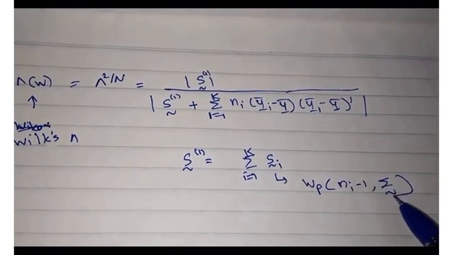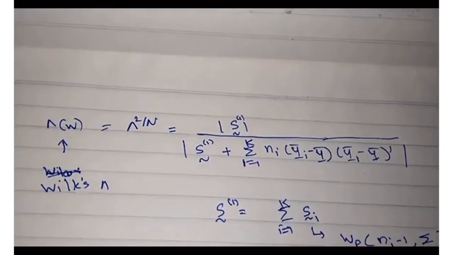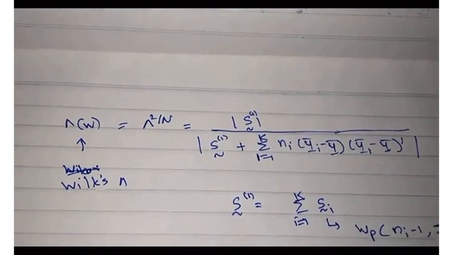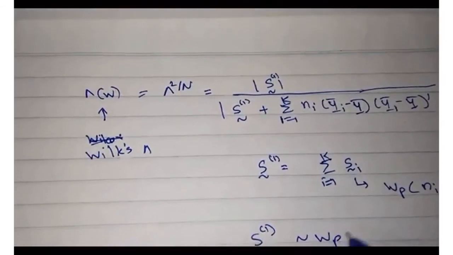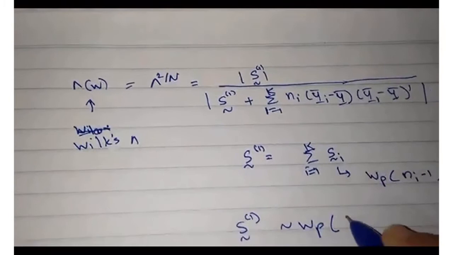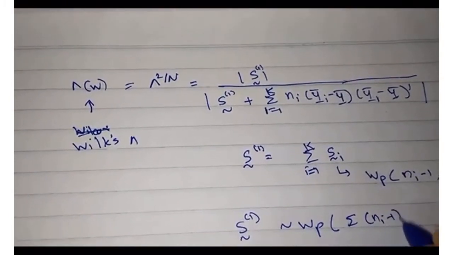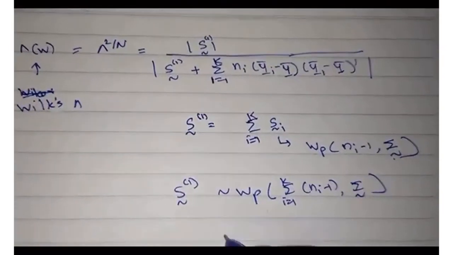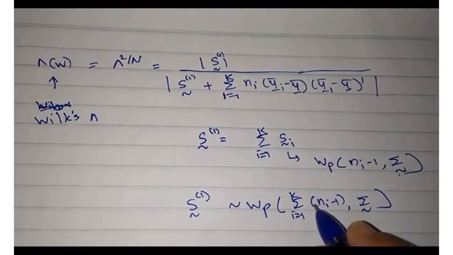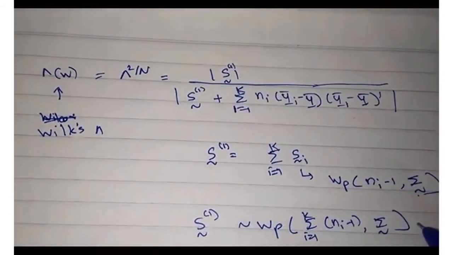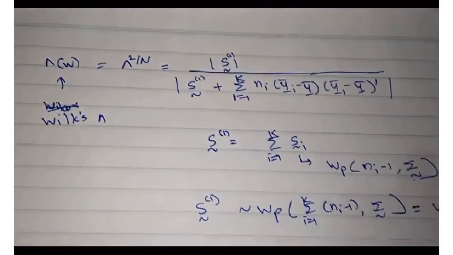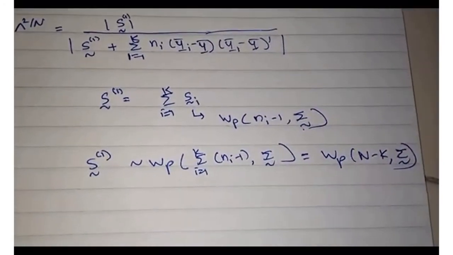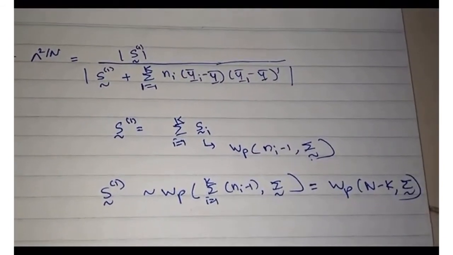The populations are independent, so the Sis are independent. By additivity, S1 will also be Wishart with sum over ni minus 1, i going from 1 to k, and sigma. The sum over ni minus 1 becomes capital N minus k. So S1 is Wishart with N minus k degrees of freedom and sigma.